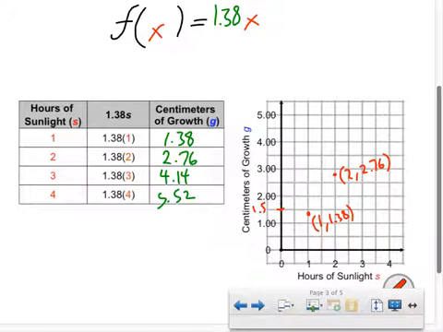Okay, and then for 3 hours, we have 3 horizontally, and we're going to find 4, and it's just a little bit more than 4. Okay, so that is at 3 hours, we have 4.14. Okay, and then in 4 hours, we get almost 5.5 exact. So at 4, we have 5.52.